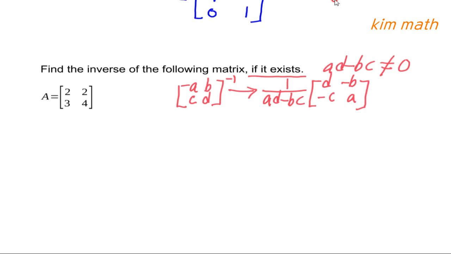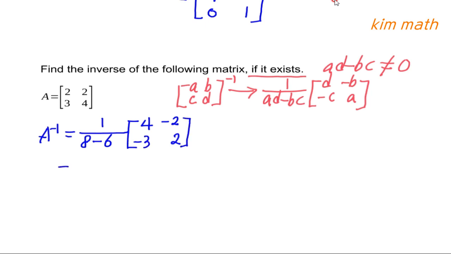Now what is the A inverse? I will copy directly 1 over AD minus BC. And switch these two numbers and change the sign. This is the 1/2 for -2, -3, 2.